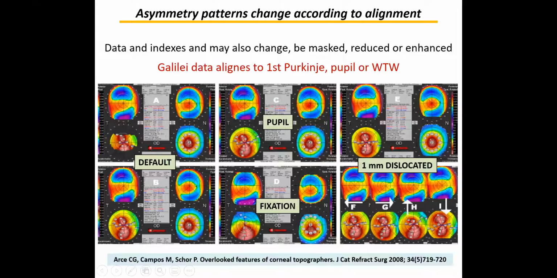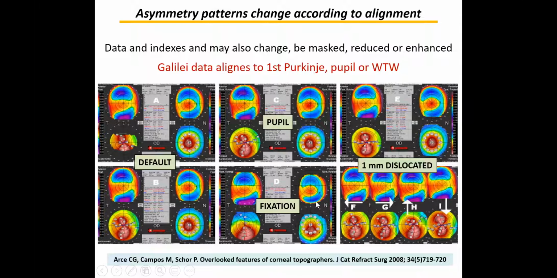In 2008, we presented this paper with Orbiscan, the prototype of all the rest of the devices that came later, okay, and we were able to move the data. And all these maps come from the same cornea.